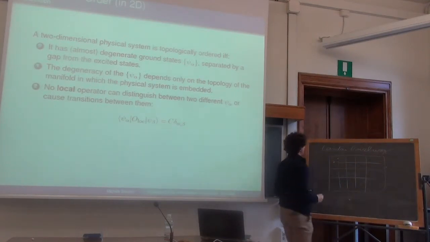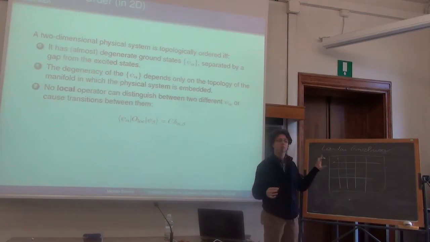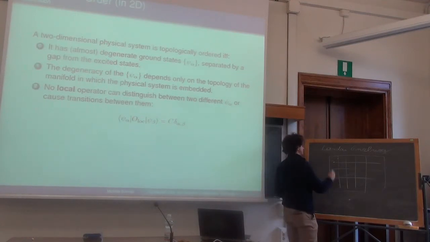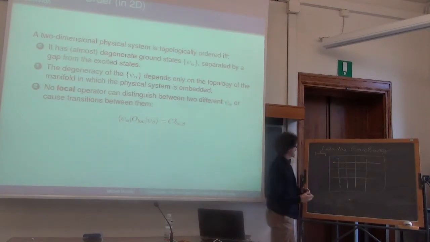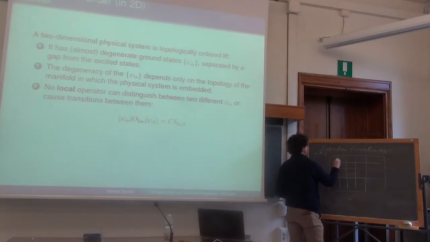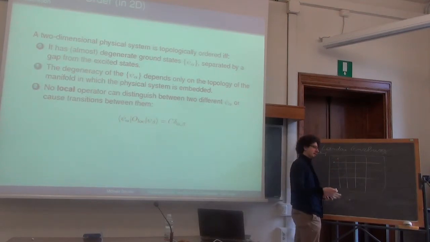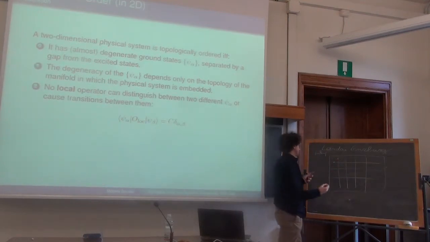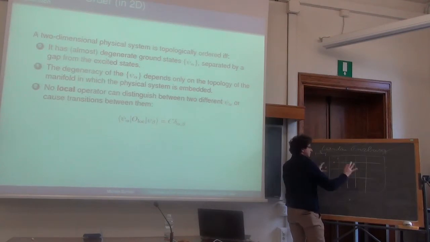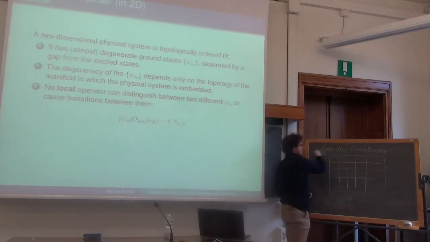Then I will define some compact support given by some sort of radius. So I take a radius R, and I say that an operator is local if all the elementary operators that contribute in defining it are at a distance in my physical space which is smaller than R.